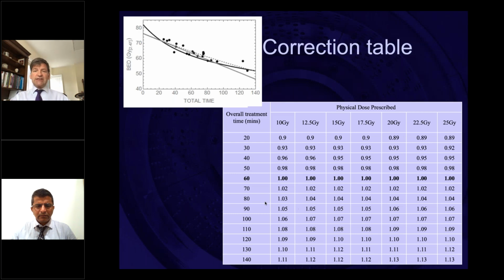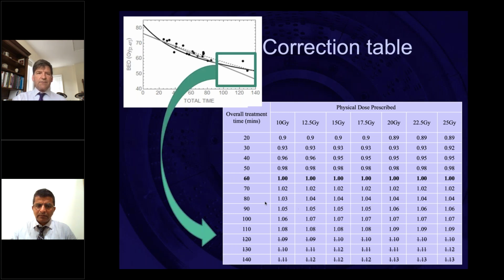There's also a correction table, which is extremely useful to use. Again, I would advise users to use maybe between 20 and 110 minutes for that, because you can see here, once you get outside of that range, you get a significant difference.